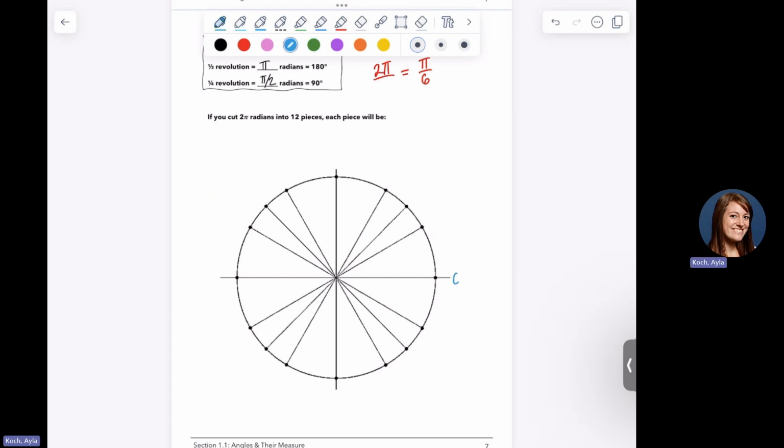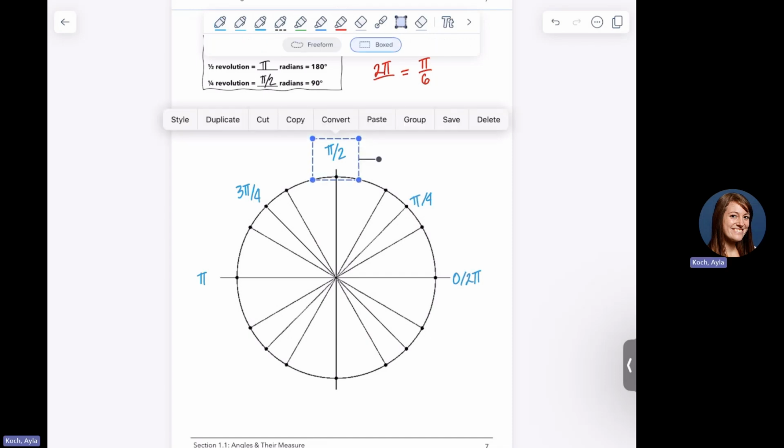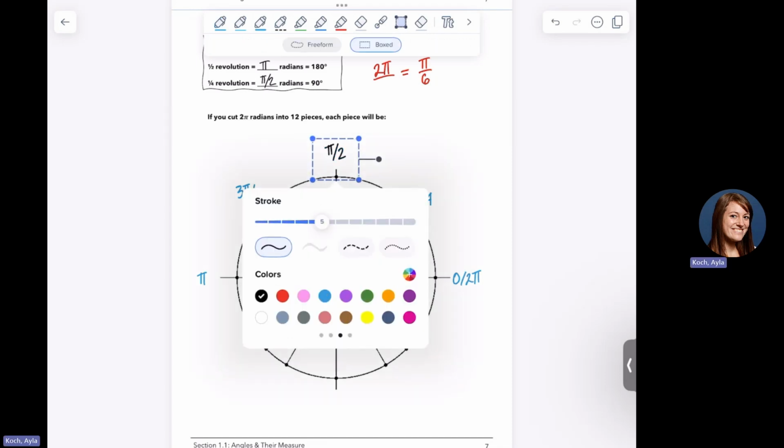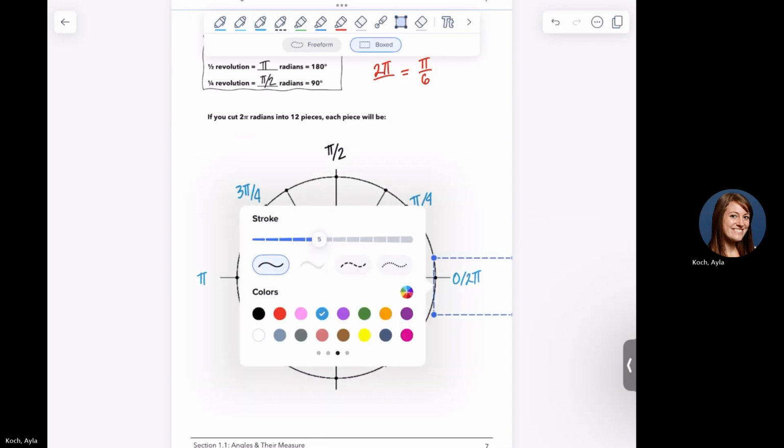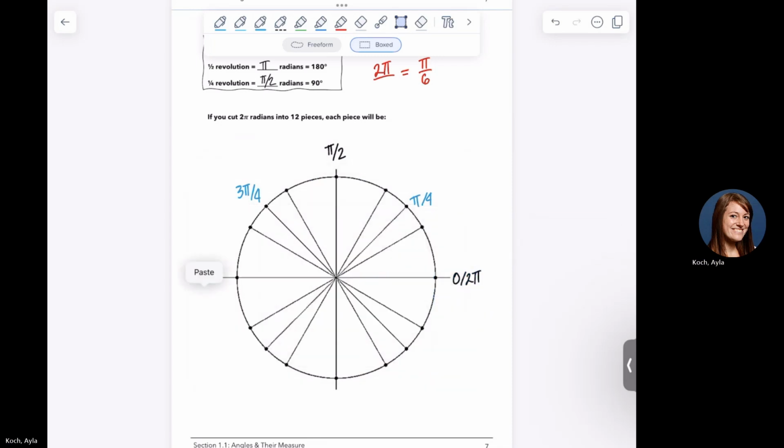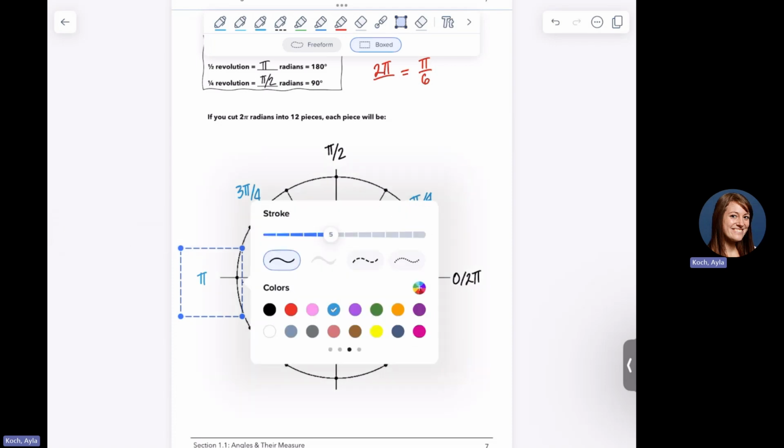So we have 0/2 pi. This one is pi over 4. This is pi over 2. This is 3 pi over 4. Pi. And really, let me make these guys black.